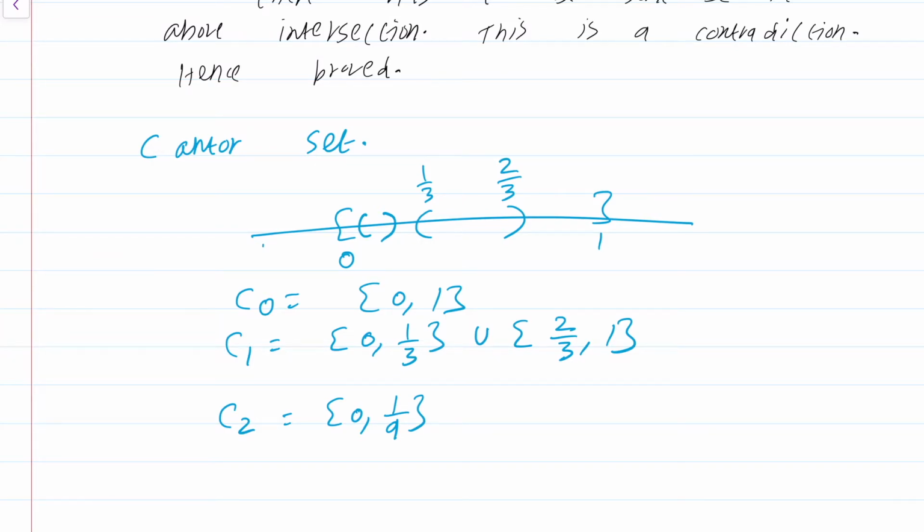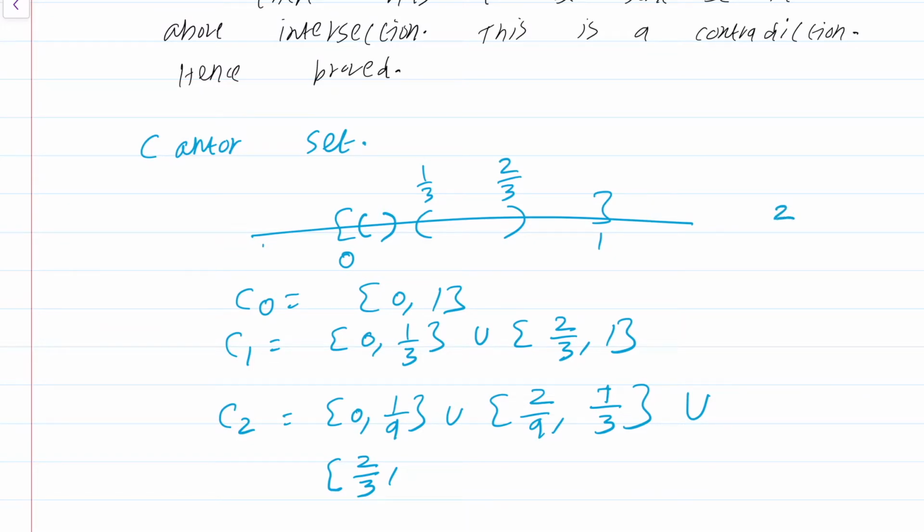So what will remain is union [2/9, 3/9], which is just 1/3, and that's going to be union [2/3, ...]. Now I need to figure out what is the next one after 2/3.